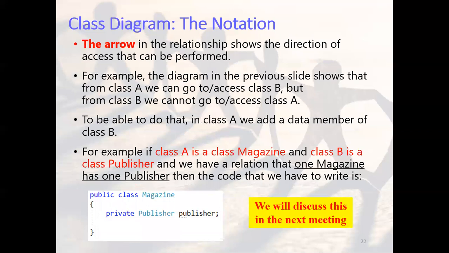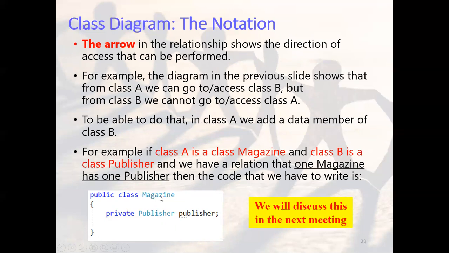So for example, if class A is Magazine and class B is Publisher, and we have the relationship that one magazine has one publisher, it means magazine is the parent, and the code to write is this one.